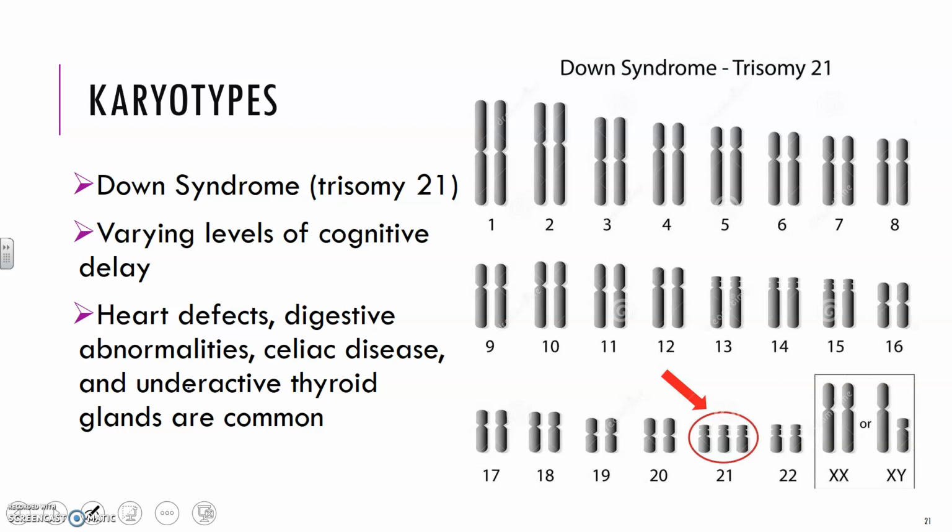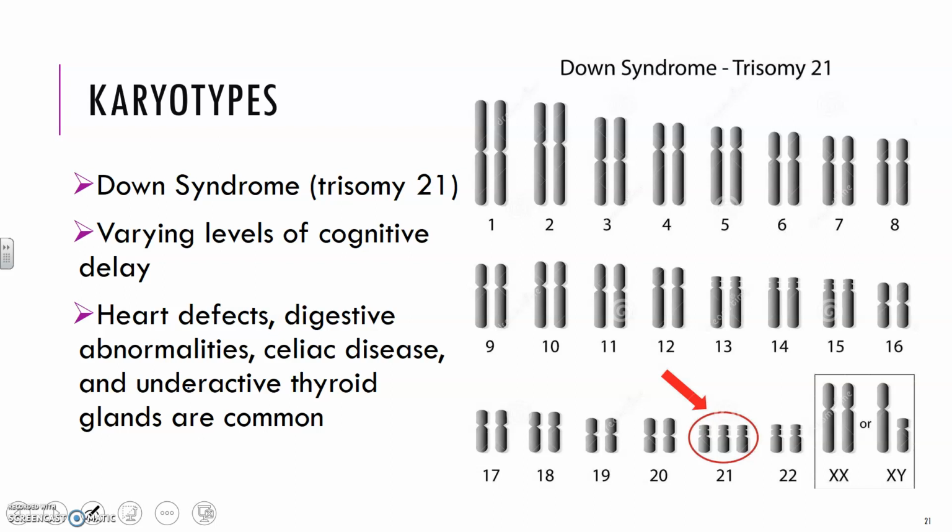Celiac disease is actually a different form of celiac disease that isn't necessarily linked to the dominant recessive trait that we talked about in one of the previous sections. So there's a lot that can go along with Down syndrome, but it's not necessarily saying that everyone who has Down syndrome is going to have heart defects, digestive abnormalities, all of that.